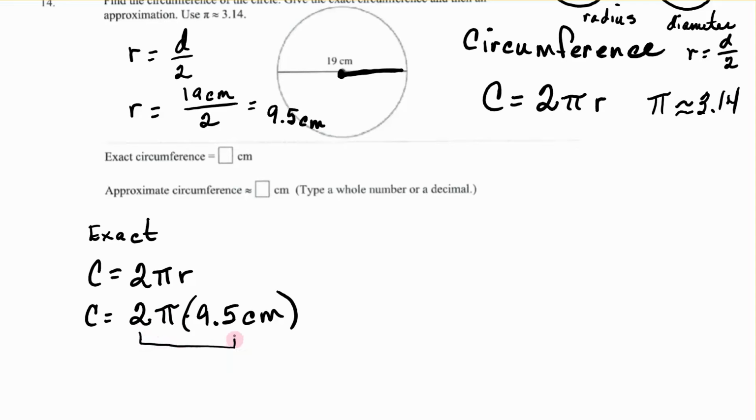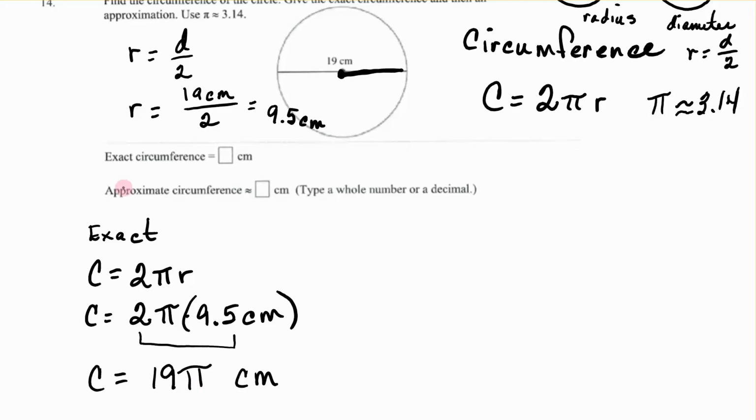I'm going to multiply the two numbers that I can multiply. And C is 2 times 9.5 is 19, symbol pi, and it is measured in centimeters. That feels weird because you're leaving the pi symbol in it, but it is correct.